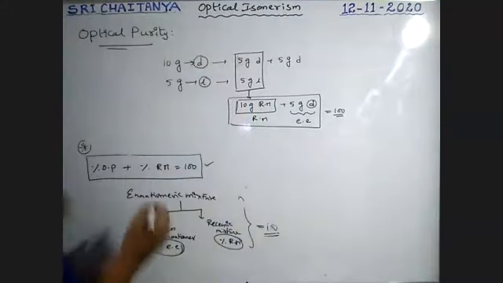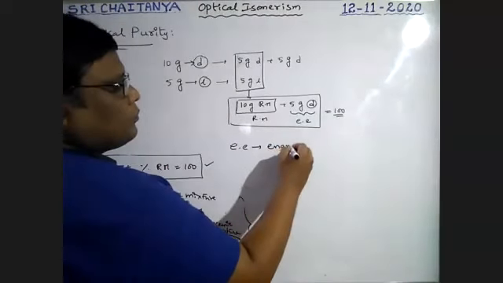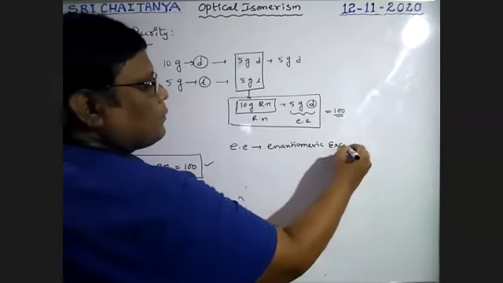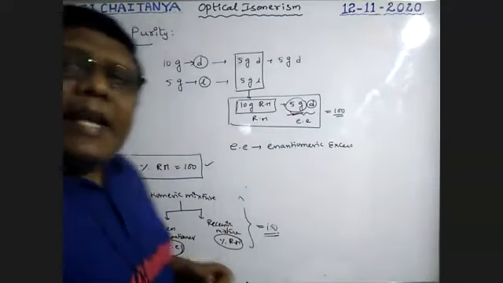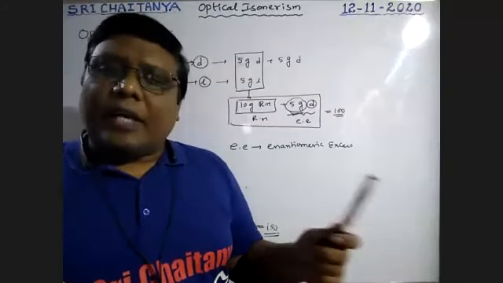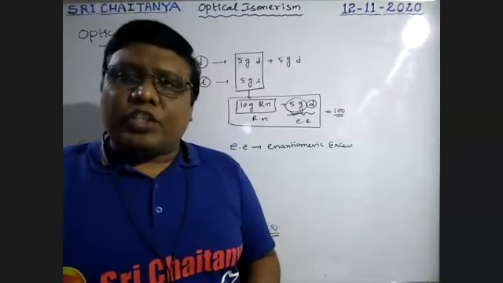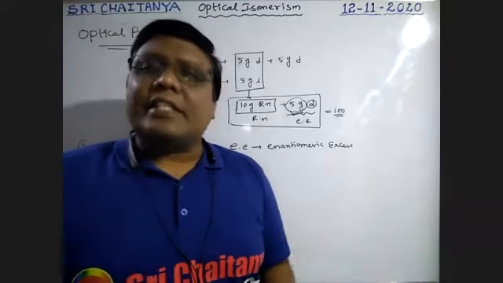EE means enantiomeric excess. This much, 5 grams of dextro enantiomer, is in excess amount. That is called the excess enantiomer. Okay. So let us discuss a problem, boys.